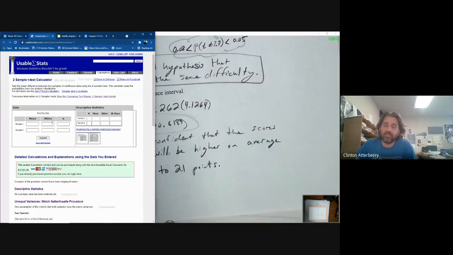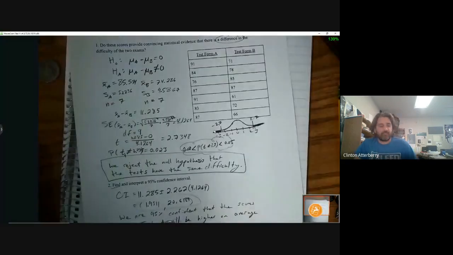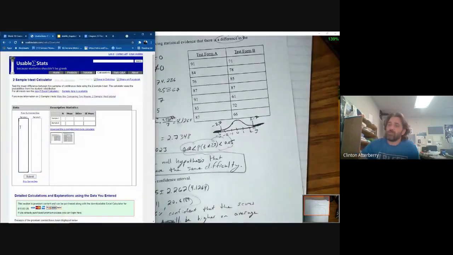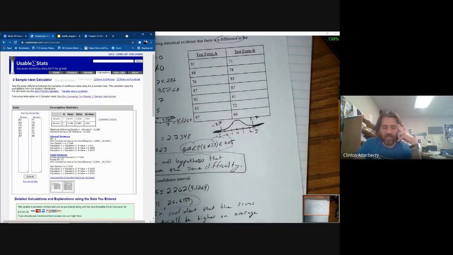Well, you could calculate these things, but I think entering the raw data will give you the best answers. So sample 1: 91, 84, 76, 87, 91, 83, 87. Sample 2: 71, 78, 85, 87, 61, 72, and 66. Okay, hit submit. And it's going to give me all these answers.